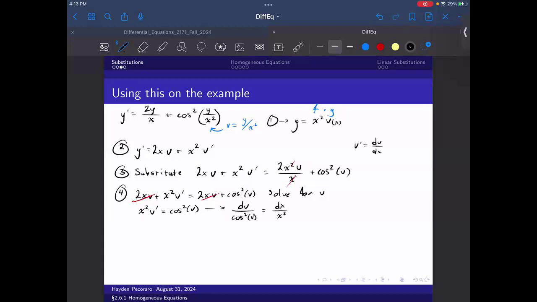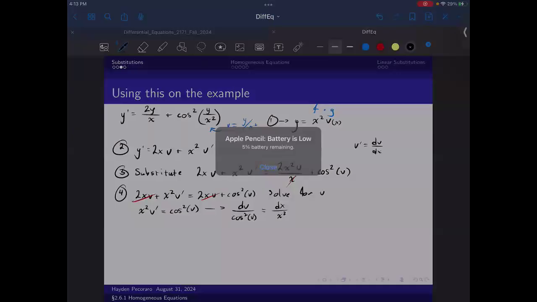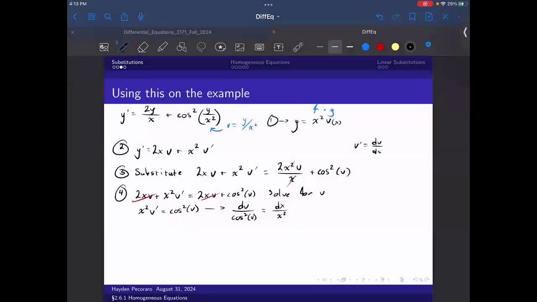And now we can take the antiderivative of both sides. So we have antiderivative secant squared v dv equal antiderivative 1 over x squared dx.